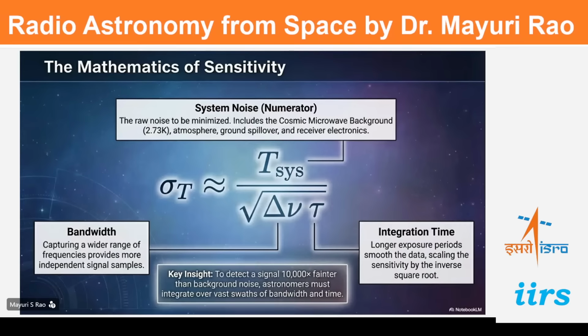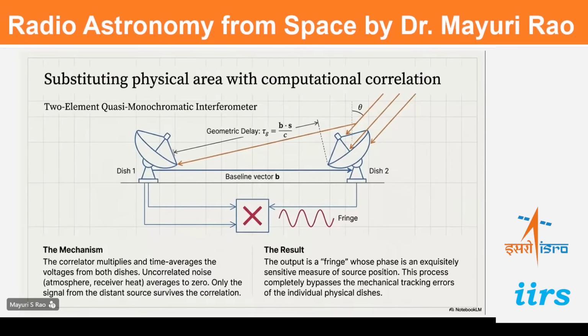So the same logic applies even in radio astronomy, where you can reduce the noise by observing a target for longer duration. Now, all of this is well and good, but what if you want to start building larger and larger radio telescopes? There's a very nice technique that is used fundamentally in radio astronomy to increase the size of your telescope. We can think of one really, really large radio dish.